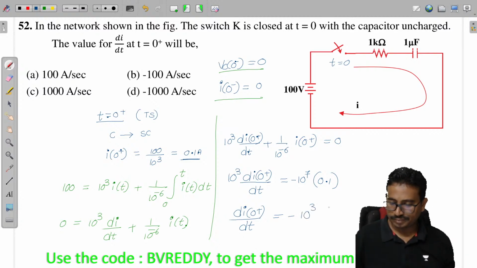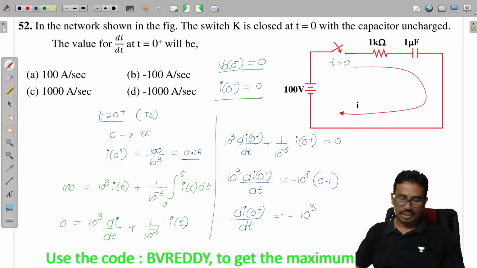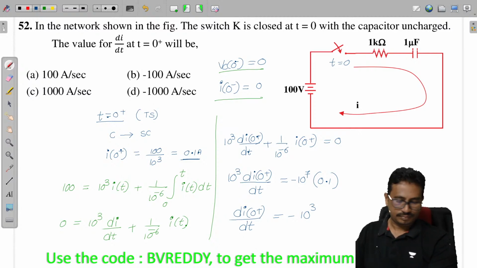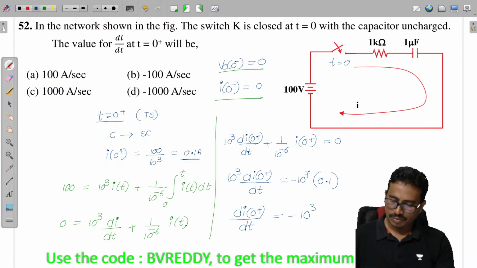Check it. 10 cube, isn't it? How much is it? 10 to the power 3?